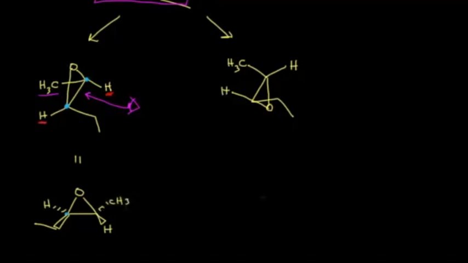So that's one enantiomer. Let's go ahead and try to redraw the one on the right here. Again, if I'm staring at this epoxide like that, what do I see? Well, I will see the epoxide as being upside down, so the oxygen would be down here.